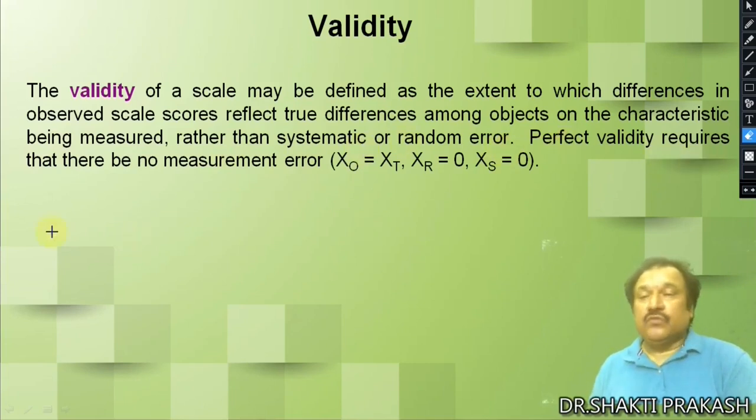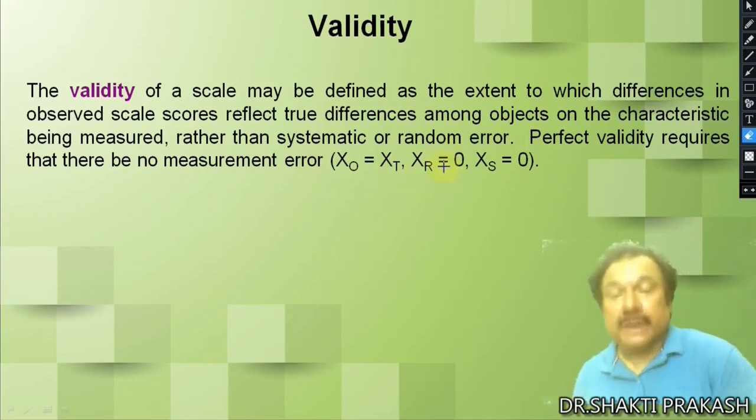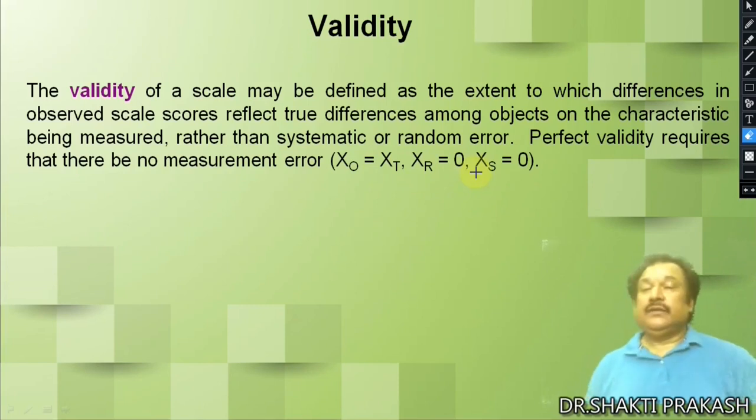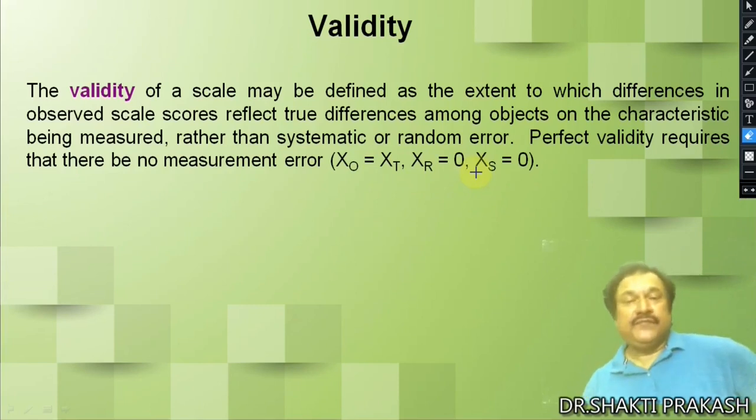Perfect validity requires that there be no measurement error. X0 is equal to XT, no error. The validity of a scale is the extent to which differences in observed scale scores reflect true differences among the objects on the characteristics being measured.